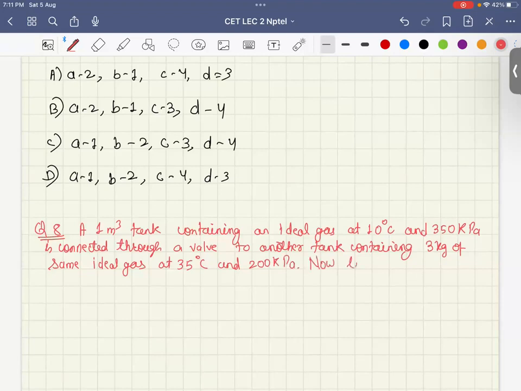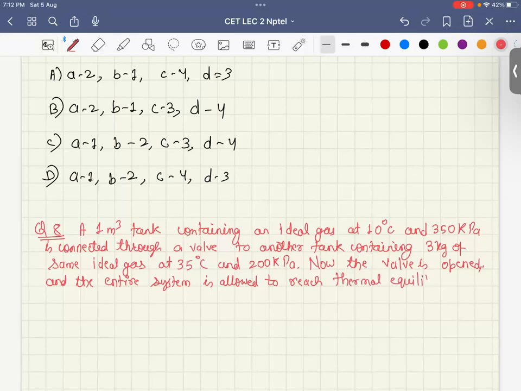Now the valve is opened, and the entire system is allowed to reach thermal equilibrium with the surroundings, which are at 20 degrees centigrade.